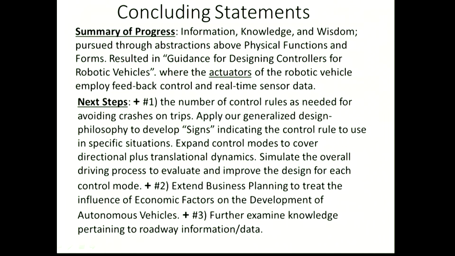So my concluding statements are sort of progress stated in these abstract terms, and something I didn't get to, but actuators have to be robotic actuators. They're a little different than what the original vehicle had. And there's a lot of math and science and control theory that goes into that.